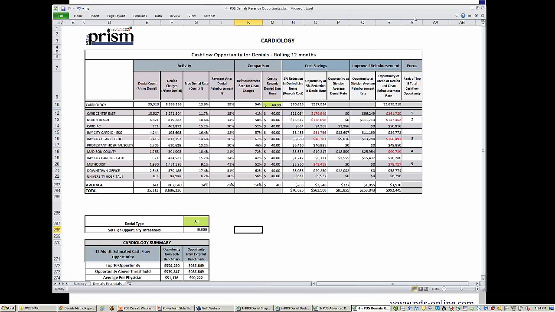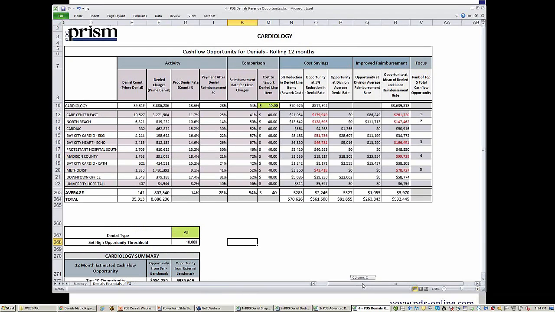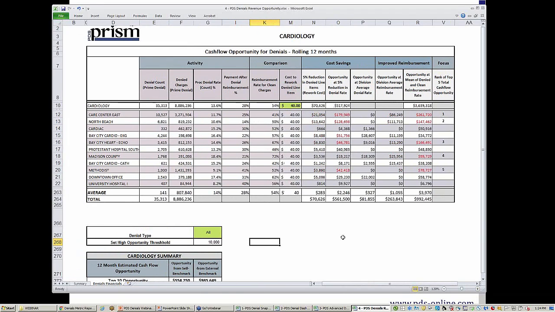In this next dashboard, what we're going to look at is the ability of dashboards to do predictive modeling. And what we mean by predictive modeling is we can look at something like this activity that is in this dashboard, and we can see what's going on within the organization. We can see our denied counts and our charges.